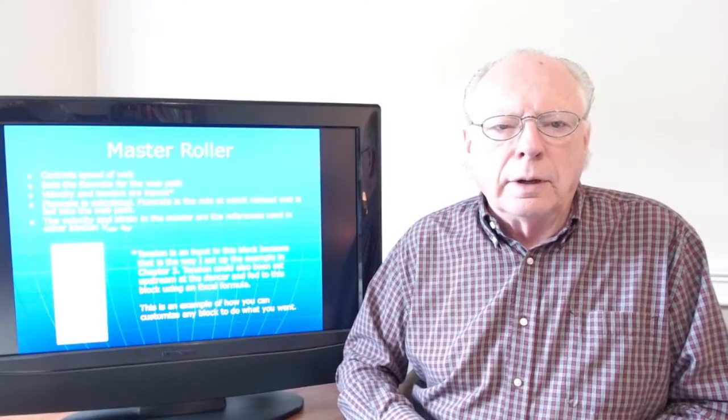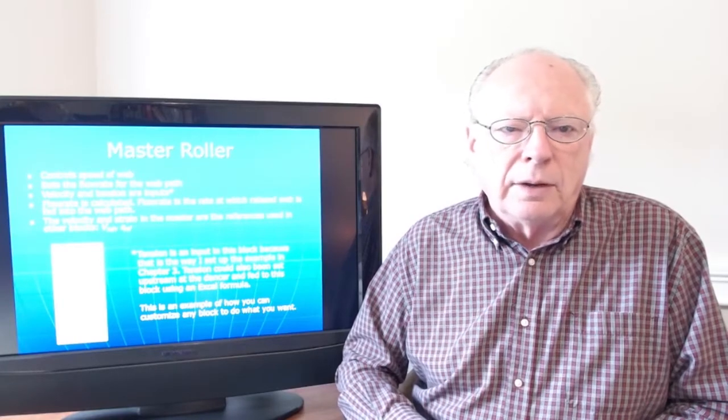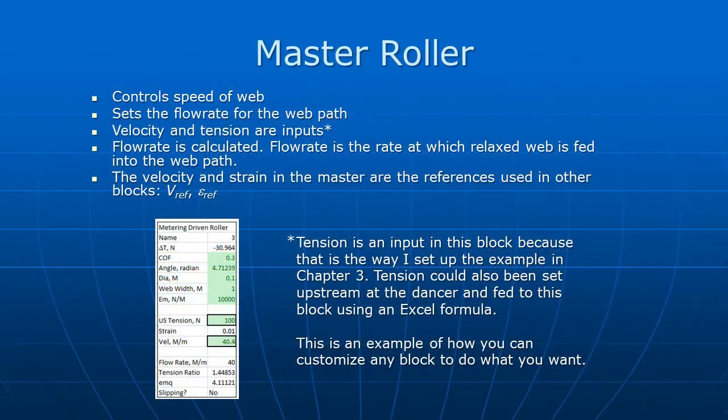The master roller in this model is a driven roller. It controls the velocity of the web, and it sets the flow rate for the web in this web path. Velocity and tension are inputs in this particular model, and that's because that's the way I set this example up. It's not always the case as an input. It may be set at a dancer or load cell previously.